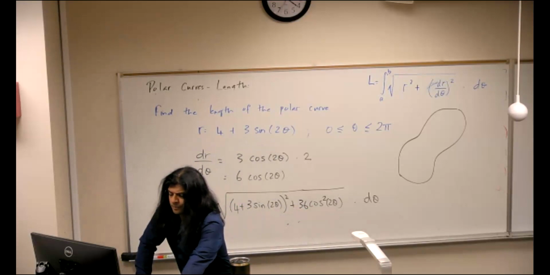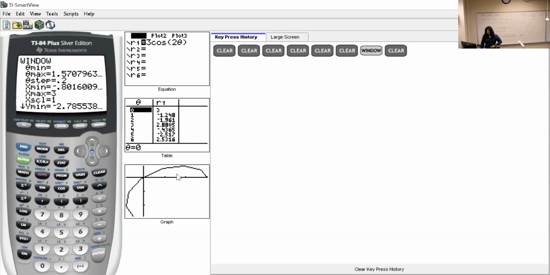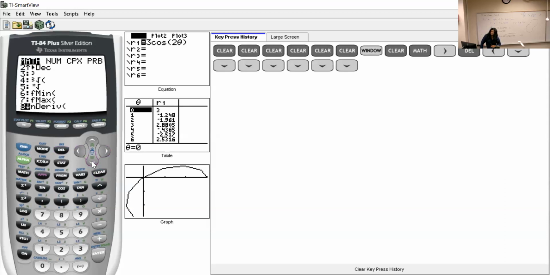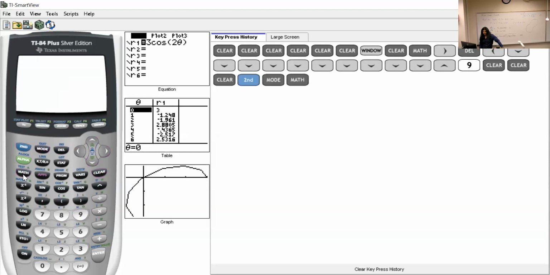So it seems like if you have it in polar mode, you can directly go to math, or no, it's under math. Option number 9. And you can simply type that giant big expression.